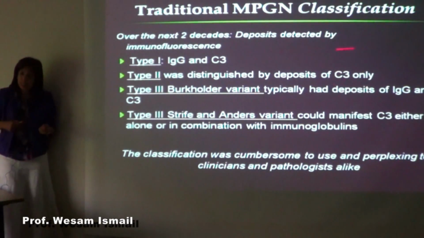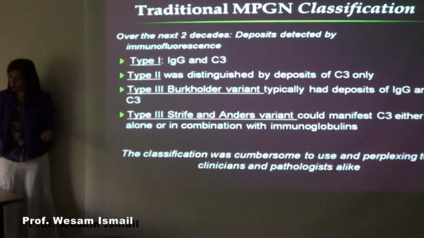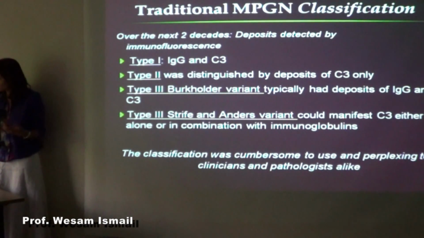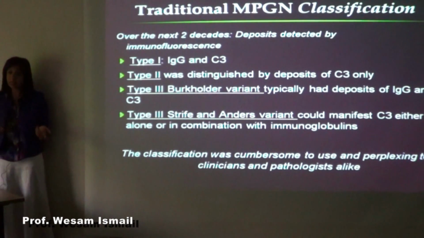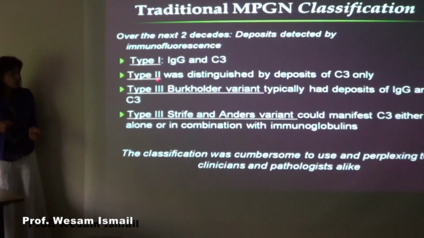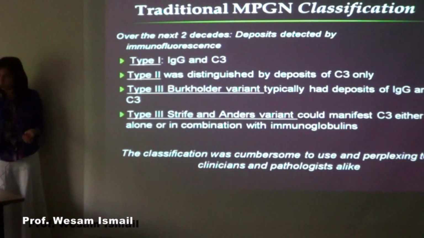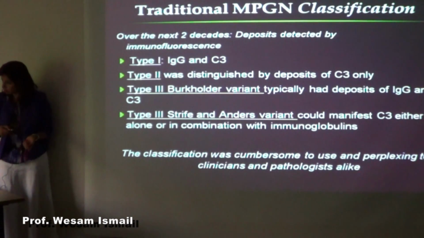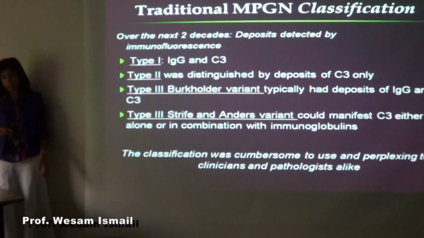So within this traditional classification, we have to do immunofluorescence for our patients. Over the next 2 decades, the deposits detected by immunofluorescence started to get more attention. Yes, the classification is based on the EM findings, but we have immunofluorescence deposits. What used to be type 1 would have IgG and/or IgM and complement factors, mainly C3. Type 2, which is dense deposit disease, was distinguished by the fact that you have C3 deposits only, no other immune complexes.